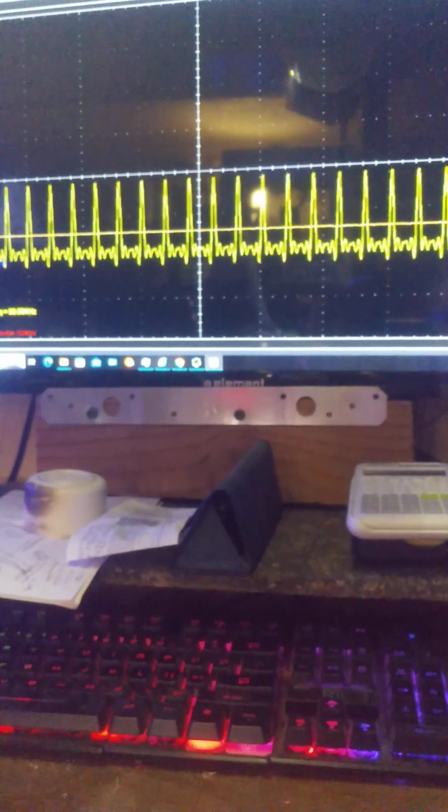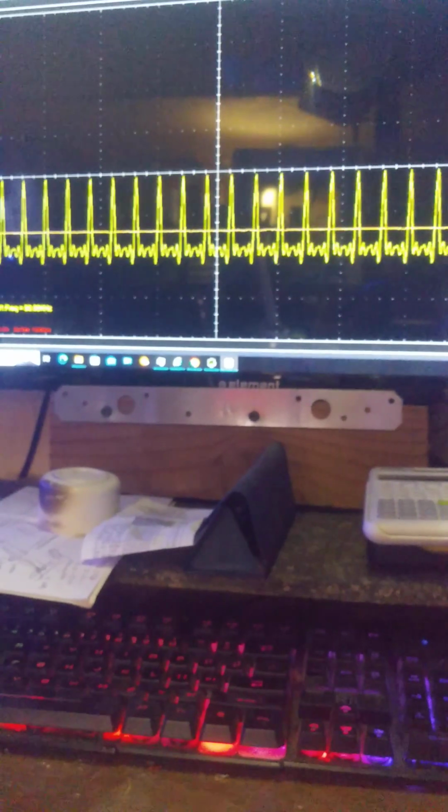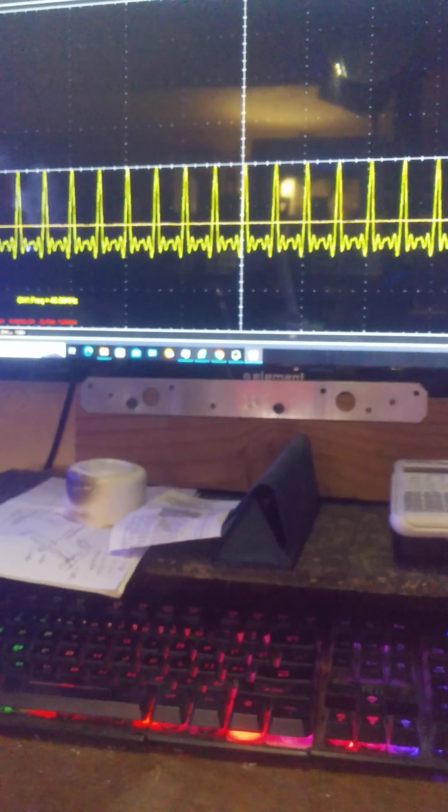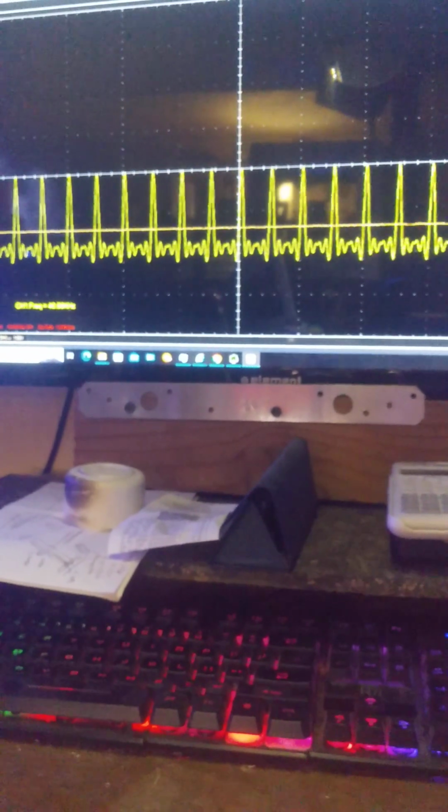Here's 40, there's 50, so it could even be usable to 50 kilohertz. Maybe even 60 or 70, because that's why I chose this waveform, because it's a little more complex.